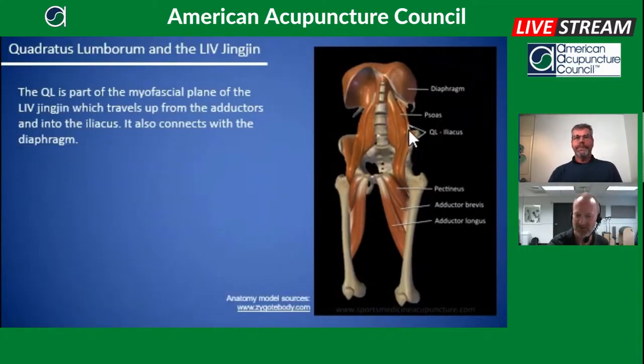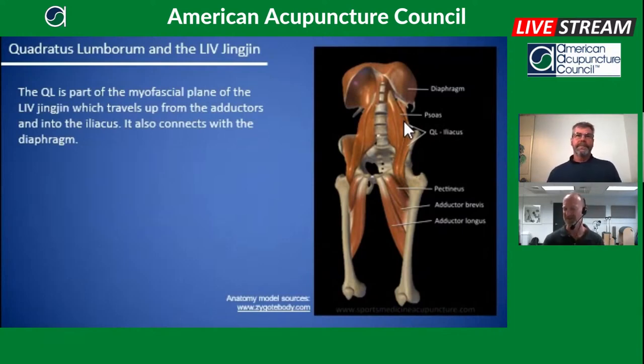And as Matt mentioned, the iliacus shares fascial fibers, kind of interdigitates, with the quadratus lumborum, and then up into the 12th rib. That would be the liver sinew channel. So if you follow that plane deep into the pelvic structure of the iliacus, it would come out into the QL. And I know a lot of people might be thinking, well, QL, it's a back muscle. It seems like that would be urinary bladder maybe, or even gallbladder sinew channel.